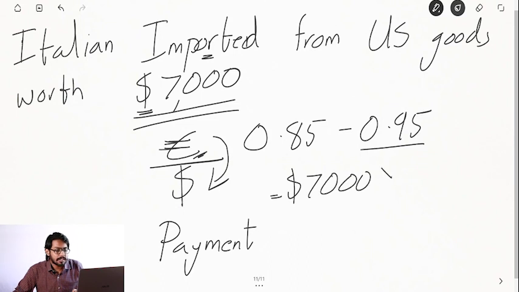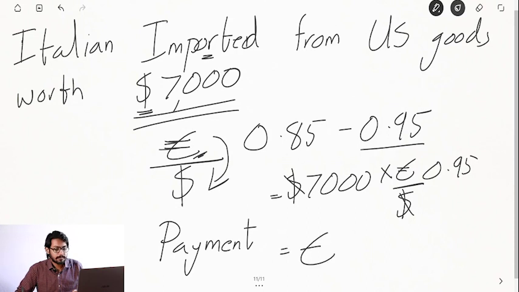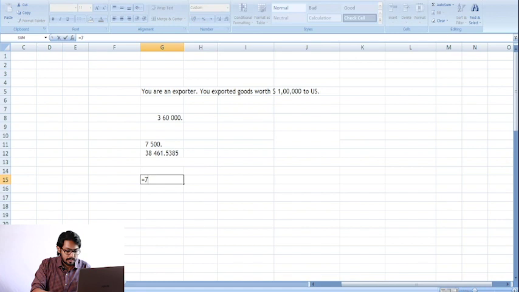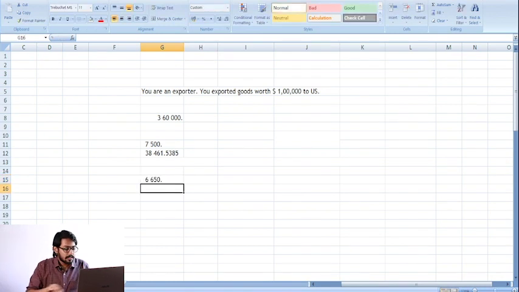Let's try multiplying first into euro by dollar 0.95. Dollar and dollar get cancelled. You will get the final answer in euro itself. You will get euro 7,000 into 0.95 is I think 6,000. Let's check it out. 7,000 into 0.95 is 6,650.